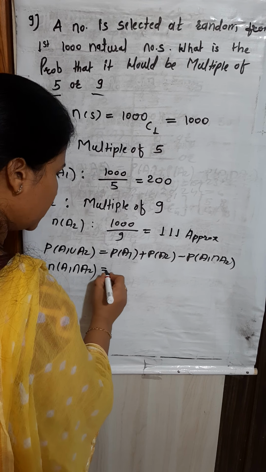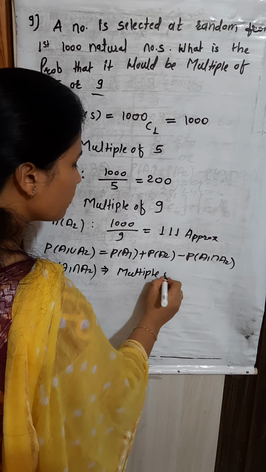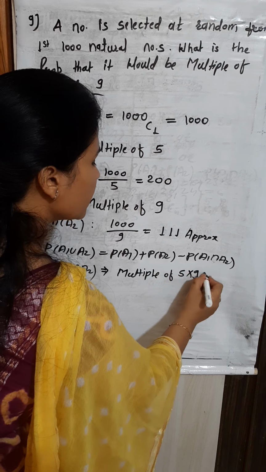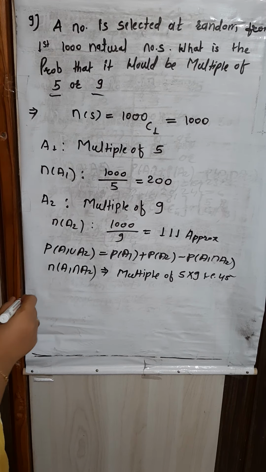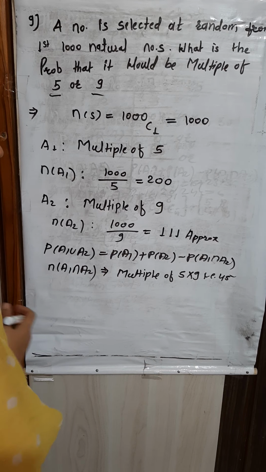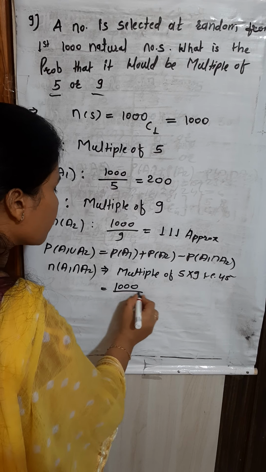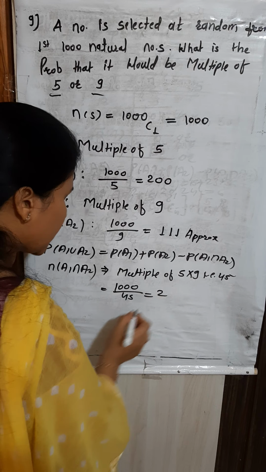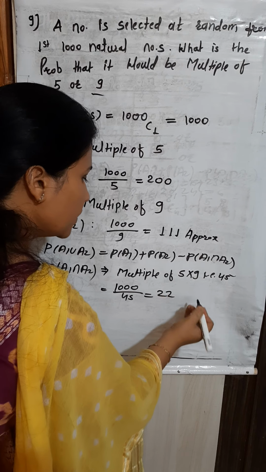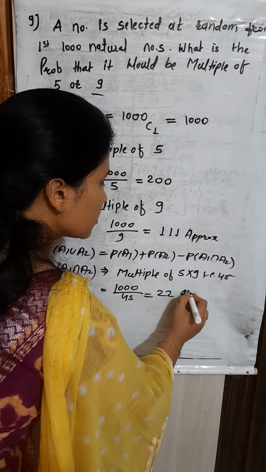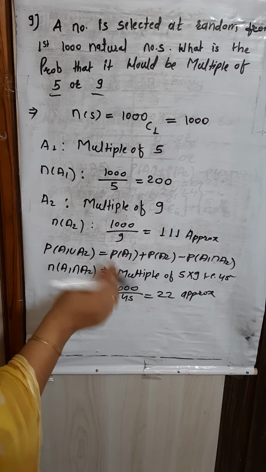We want multiples of 45. In the series 1 to 1000, how many multiples of 45 are there? Again we'll divide 1000 by 45. It is 22 point something. We'll take only the integer part, so approximately 22 multiples.